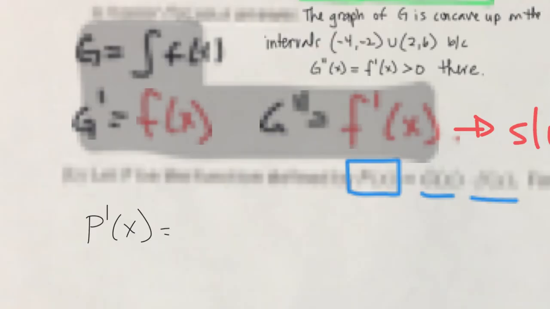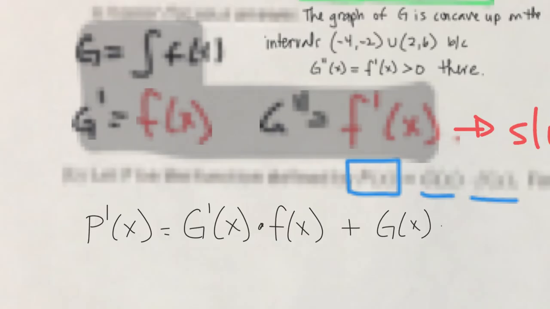Okay, so hopefully you remember the product rule from way back in the first semester. The product rule says we take the derivative of one of them, multiply it by the regular, right? So g prime times f plus g times f prime. Okay, that is our product rule for calculus.